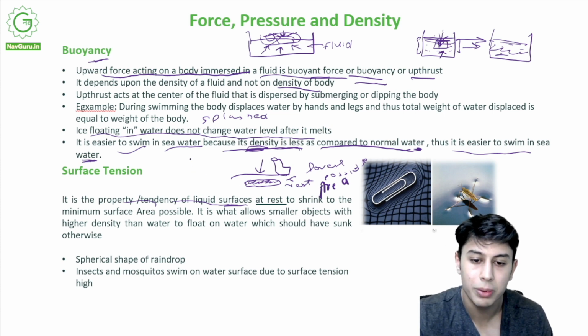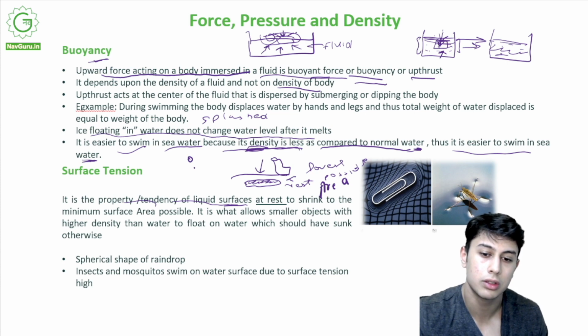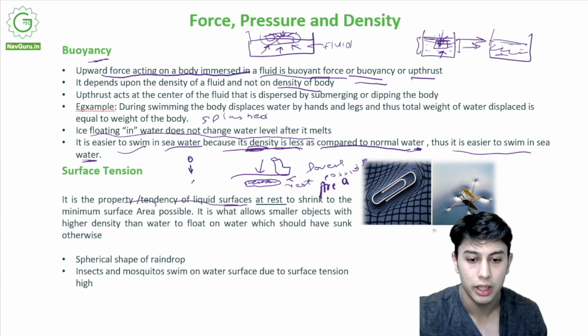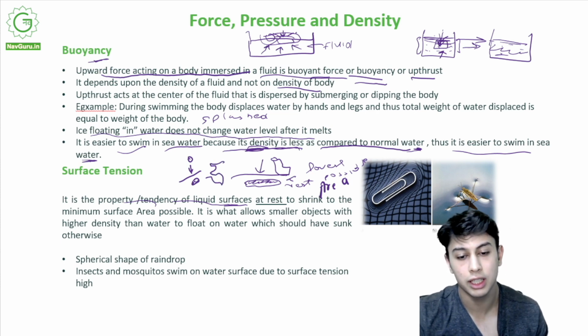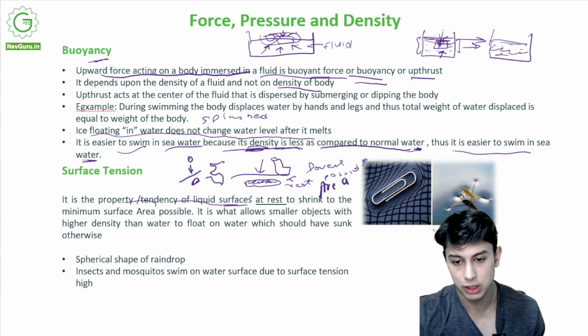Drop a droplet of water, and it will take this form on the surface. It won't be going like this, like this, like this. It will shrink to the lowest area possible.